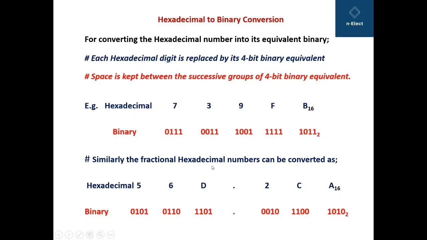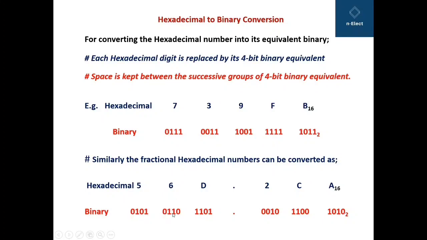Similarly, the fractional hexadecimal number can be converted like this. Here the fractional hexadecimal number given is 56D.2CA hexadecimal. In order to convert this, again we will have to replace every single hexadecimal digit by 4-bit binary. 5 is actually 101, but it should be 4-bit binary, so we have added 0 on this side, so 0101.